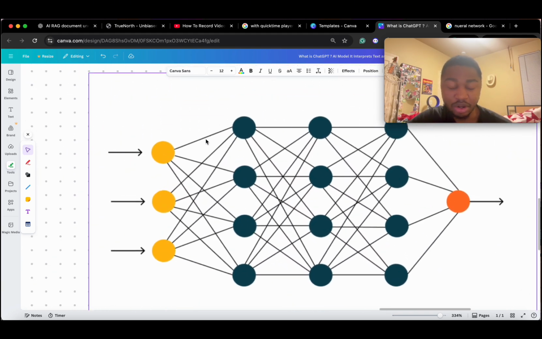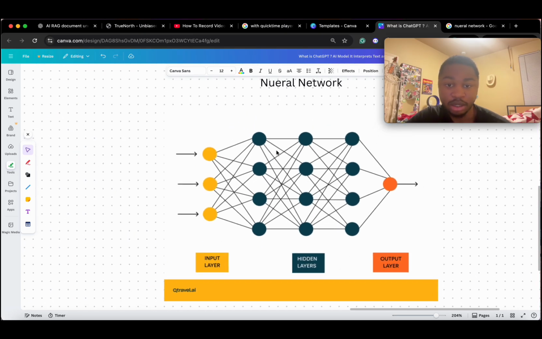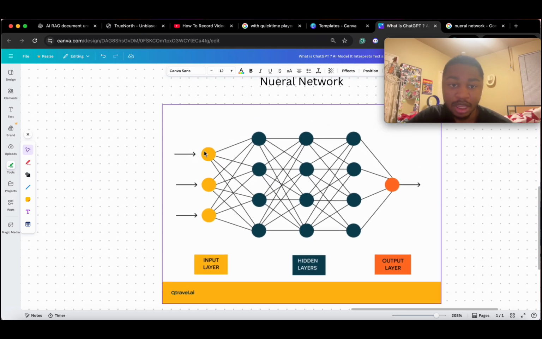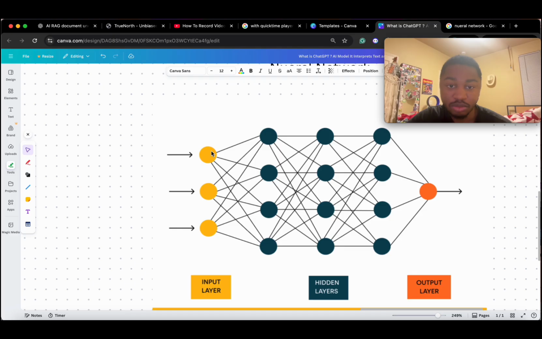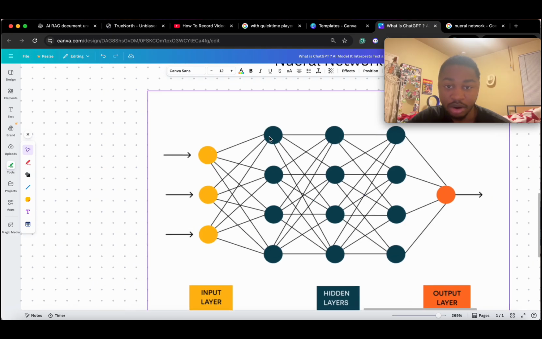The same thing happens here. See these lines, these are edges, but these edges carry a weight. The weight could either grow or shrink, relative to the data, right? So let's just say this edge was connected here, but we notice that this connection caused a massive skew and bias towards a specific term.